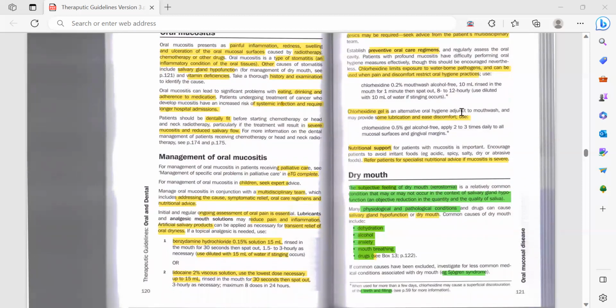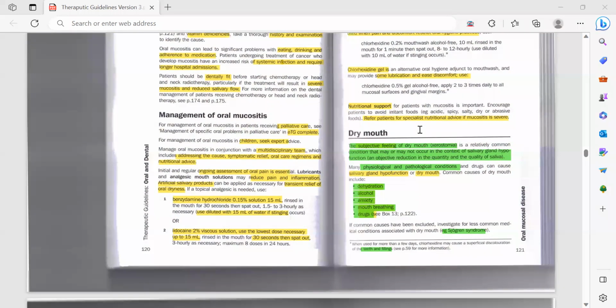Chlorhexidine gel is an alternative oral hygiene adjunct to mouthwash and may provide some lubrication and ease discomfort. So use chlorhexidine 0.5% gel, alcohol free, applied 2 to 3 times daily to all mucosal surfaces and gingival margins.